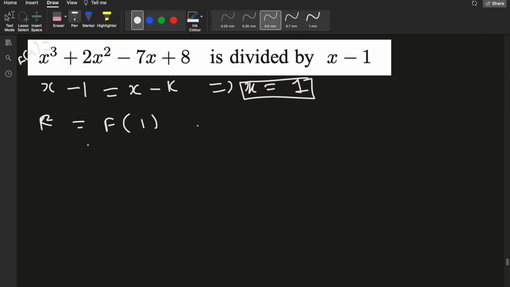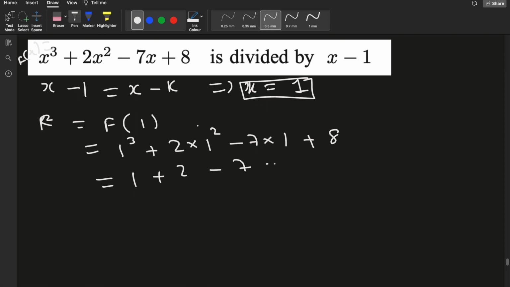So r would be f of 1. So let's substitute the value of 1 into the polynomial given. So it would be 1 cubed plus 2 into 1 squared minus 7 into 1 plus 8.